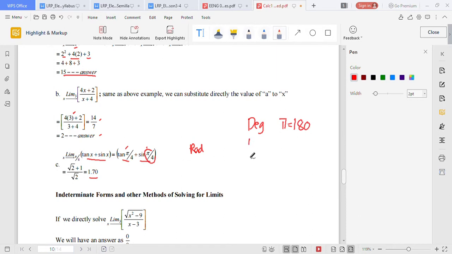So, if you're going to get tangent pi over 4, then you will be getting tangent 180 over 4, and that is tangent what? Tangent 180 over 4 is equal to 45. So that's tangent 45 degrees. So you will have the same answer.